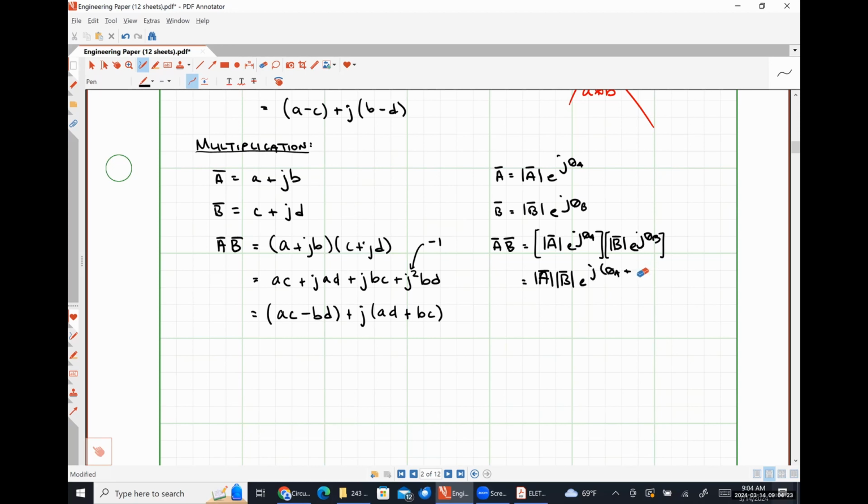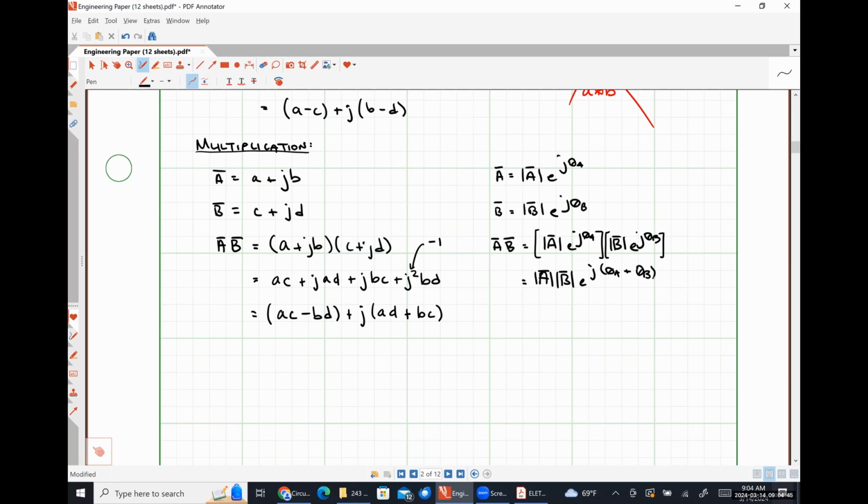Sorry, I don't need that extra J there. So multiplication is a little bit easier to do with exponential form complex numbers than it is with rectangular form. I bet I used so many wrong words there. Let's try that again.